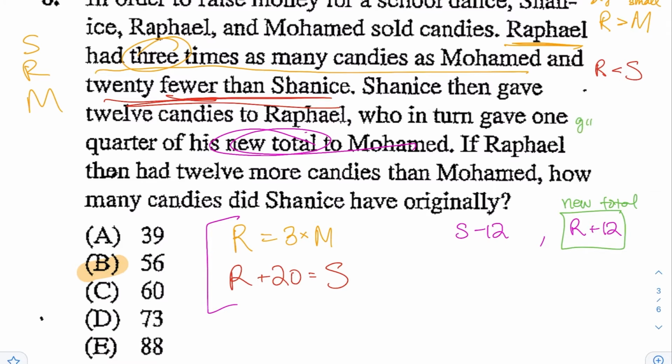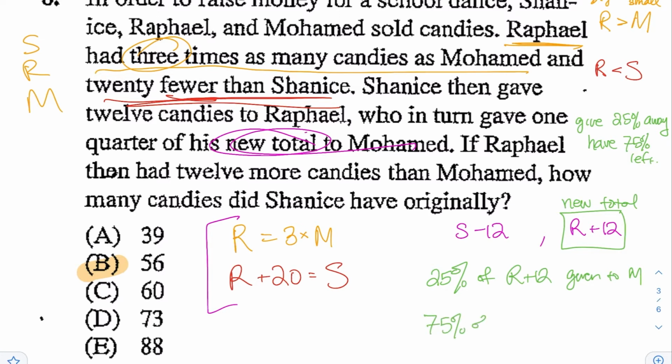If you give a quarter or give 25% away, that means that you have 75% left. So that means that 25% of R plus 12 will be given to M, whereas 75% of R plus 12 is kept.